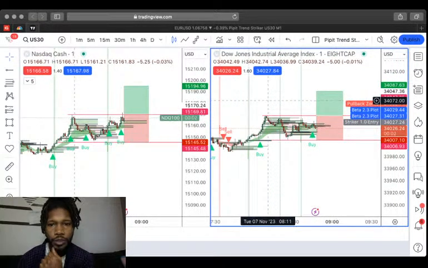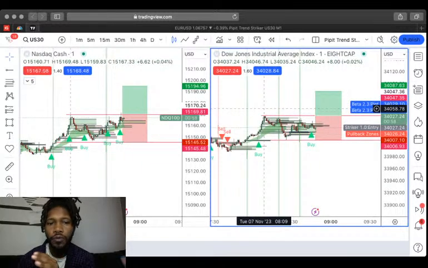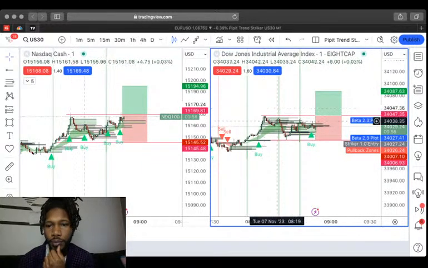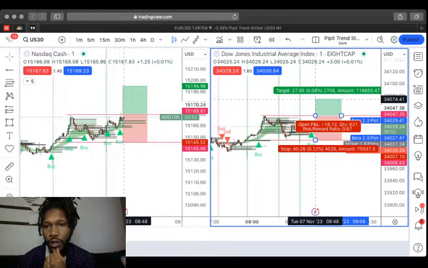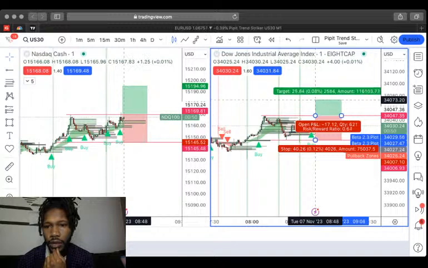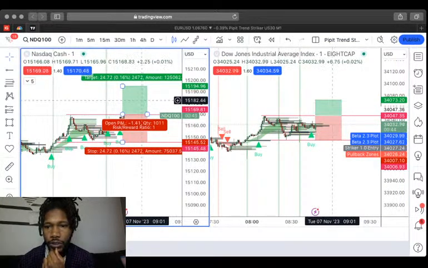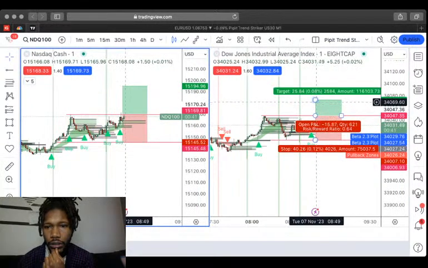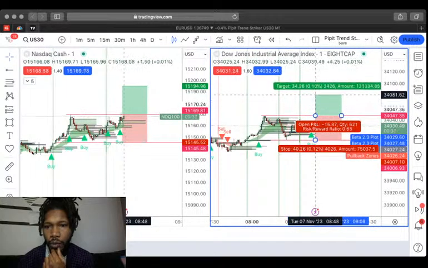Typically when it comes to US 30 and this strategy, I go for like 25 to 50 pips. So I believe this is actually going to be a negative R to R. So actually I want to go for 25 pips and scalp that out of there. Over here is 24 points. You know what? Let's go ahead and do that 1-to-1 at least.